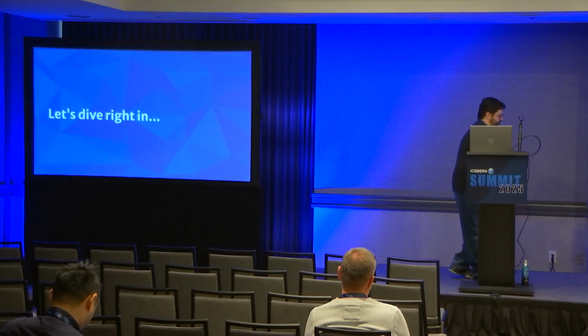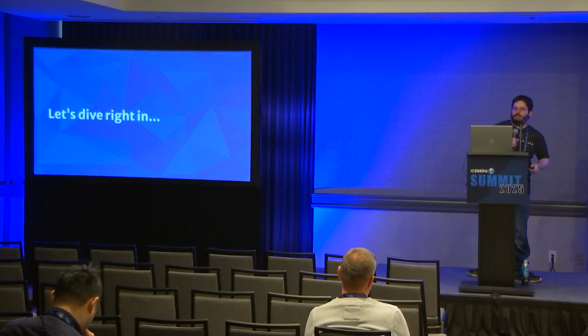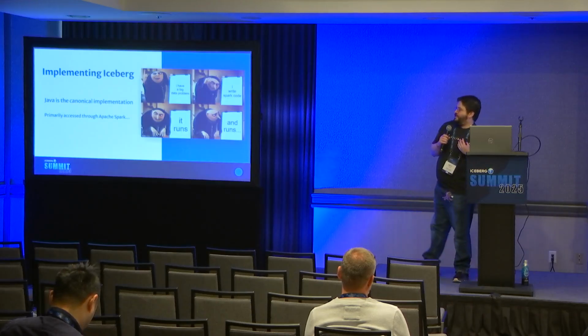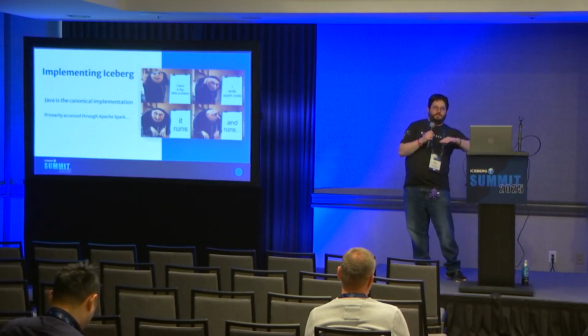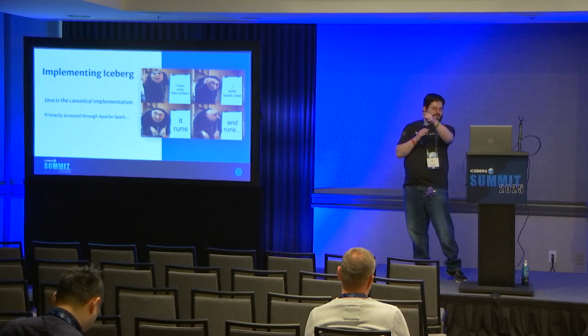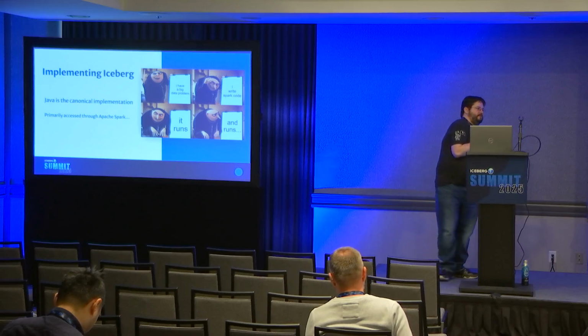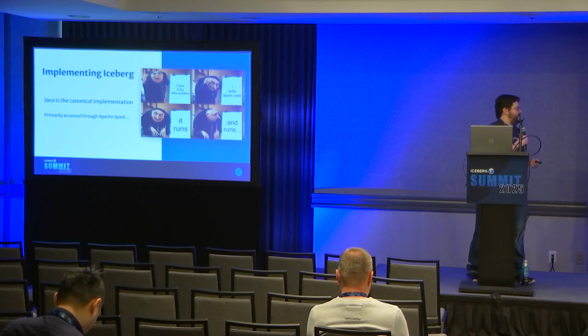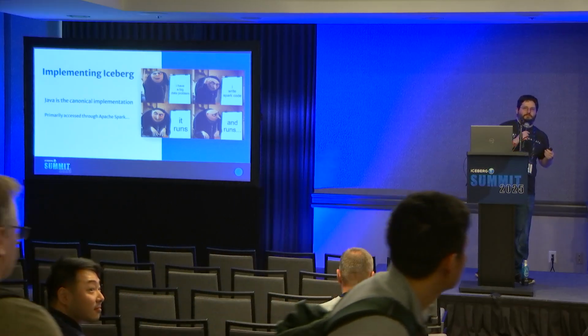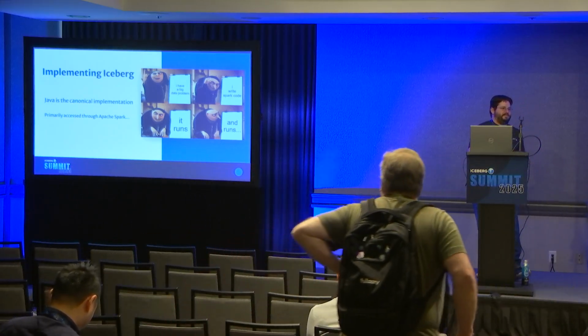So let's just dive right in here. I'm going to assume that you know enough of the Iceberg metadata stuff from the keynotes that I don't need to explain how that works. A while back, originally, there was only the Java implementation for Iceberg.